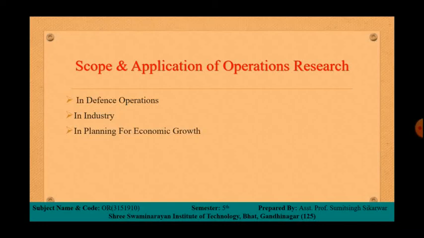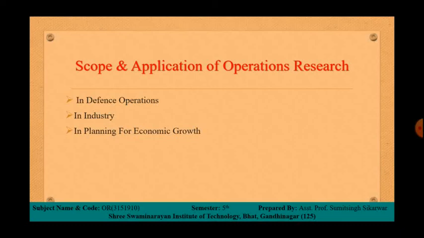For that, various secretaries belonging to different departments have to coordinate and plan for steady economic growth. For this, all the departments can use operation research techniques for planning purposes so that they can easily solve the problems they are facing day to day.